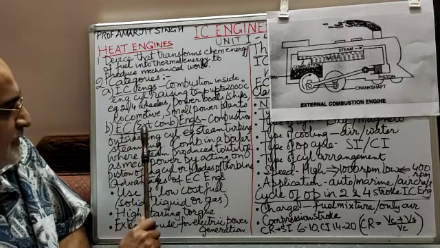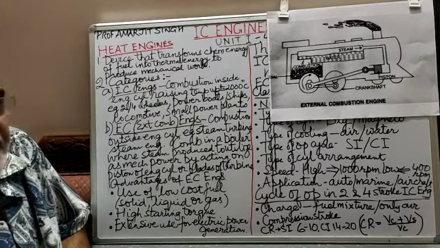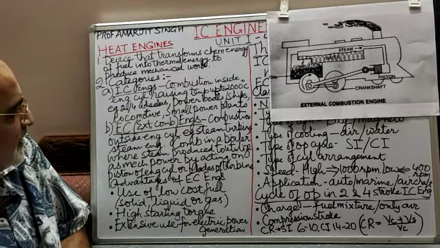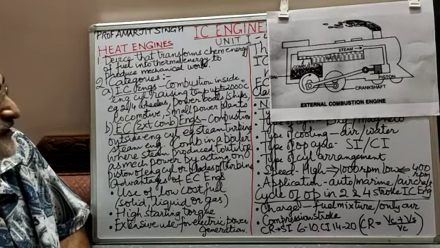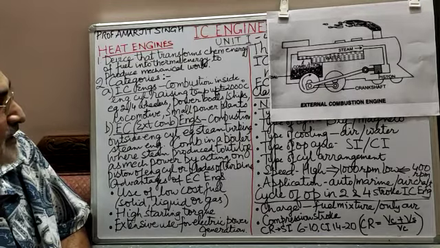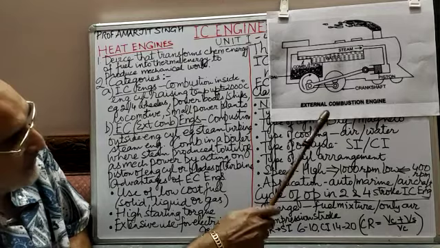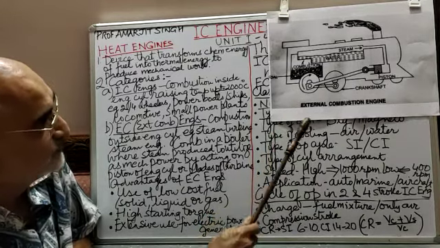The second is the external combustion engine. Again, as the name suggests, the combustion takes place externally, that is outside the engine cylinder. An example is the steam turbine or the steam engine. I've made a figure for you. This is a typical external combustion engine.